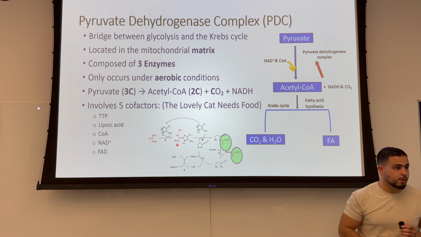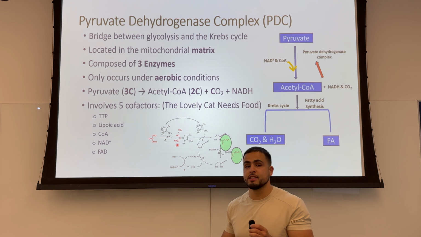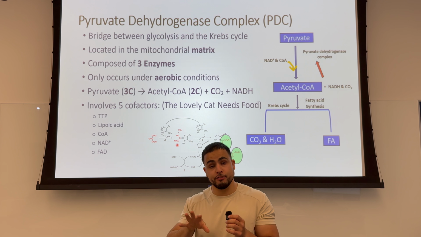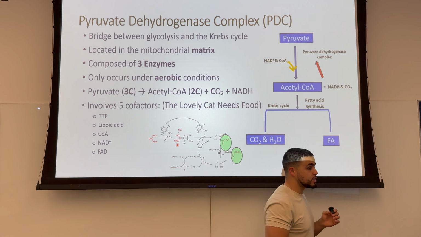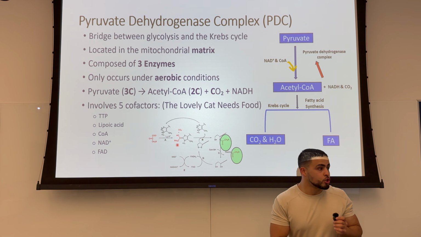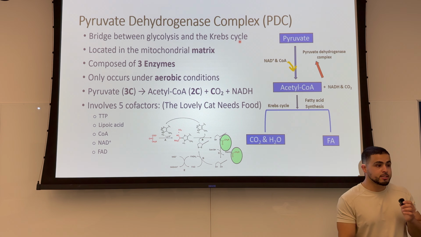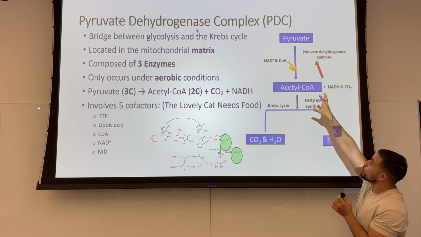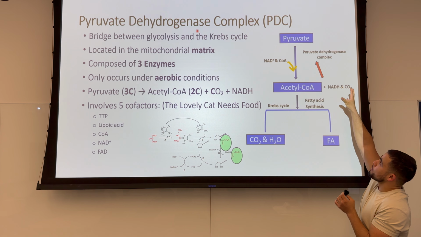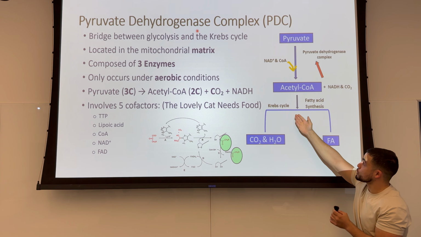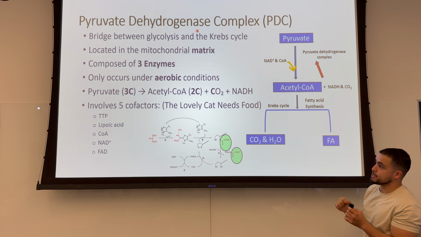All right, next let's talk about the pyruvate dehydrogenase complex, and this is that other route, if you had oxygen present after the process of glycolysis, this is the route that will lead you to the Krebs cycle. So you can see the bridge between glycolysis and the Krebs cycle, and essentially what's happening is you're taking pyruvate plus NAD+ and coenzyme A, using the pyruvate dehydrogenase complex to generate acetyl-CoA, and then acetyl-CoA can go into the Krebs cycle or fatty acid synthesis.